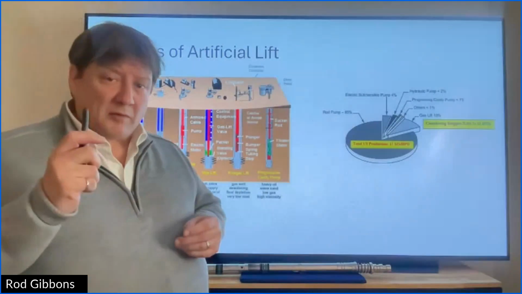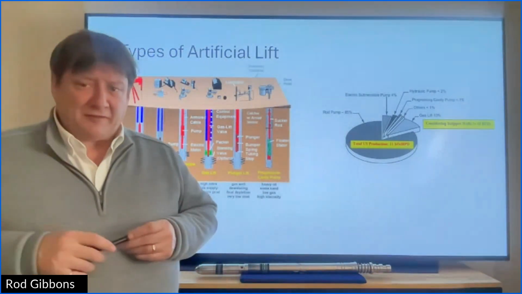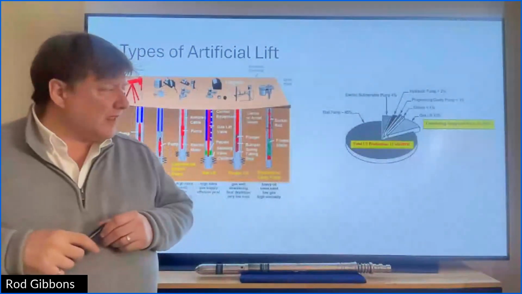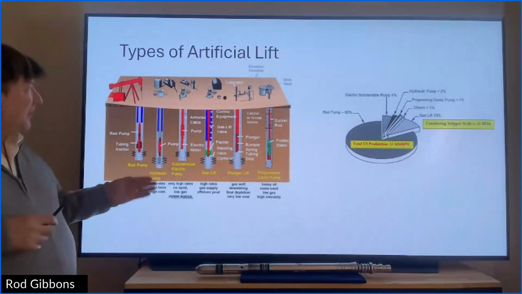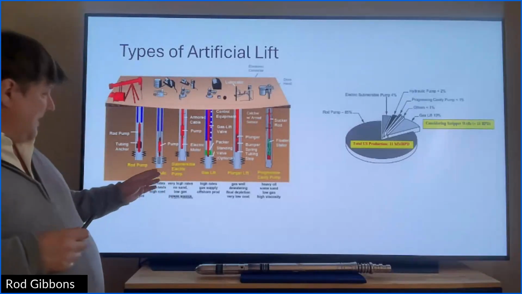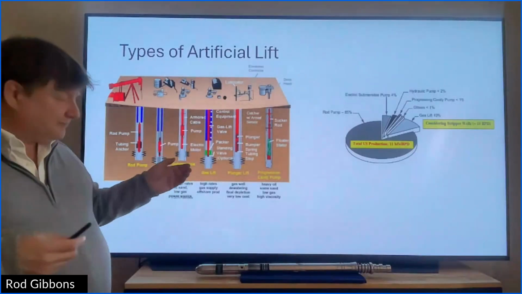There was a question last week around types of artificial lift and what's the most common types. So we've got rod pumps. We've talked about hydraulic pumps or jet pumps. We haven't talked about those much, but then electric submersible pumps, ESPs.